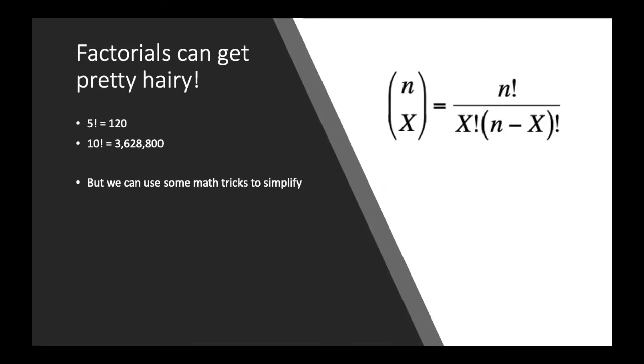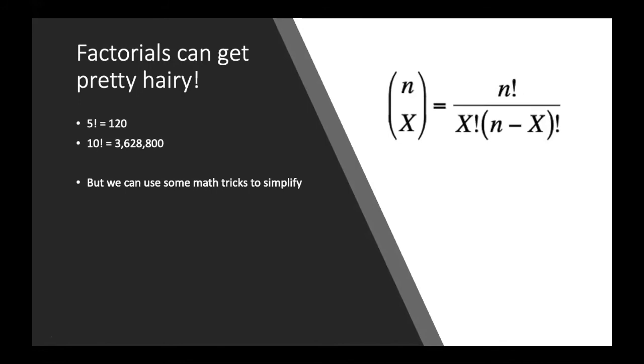So you can imagine that in a reasonable size sample, the calculations of these factorials could get out of control pretty quickly. If we were to calculate N factorial in a sample of, say, 35 or 85 observations, this is going to be a huge number.